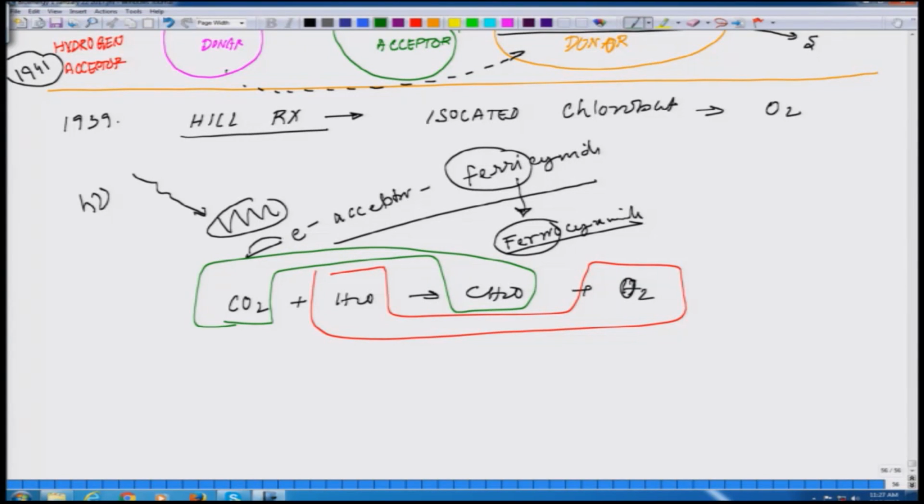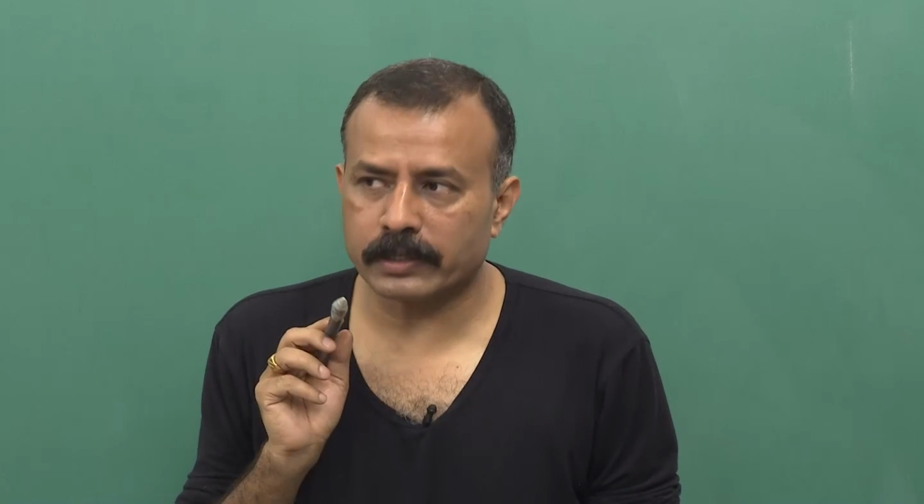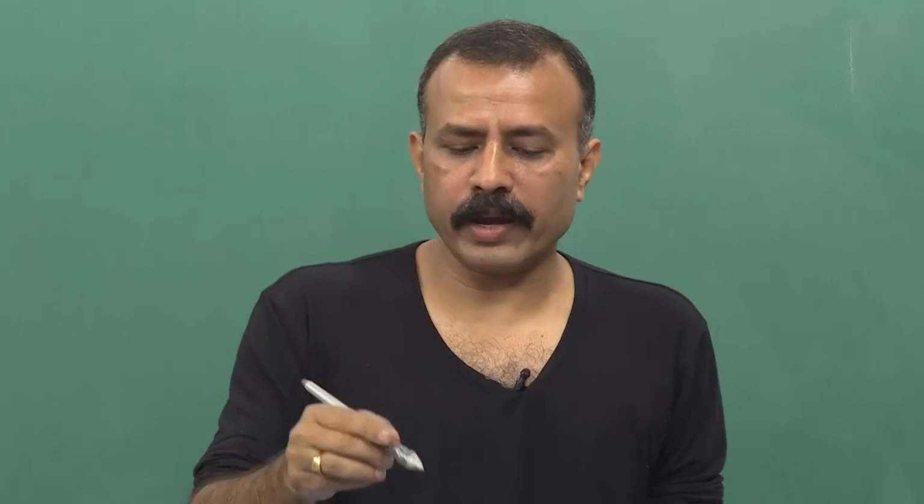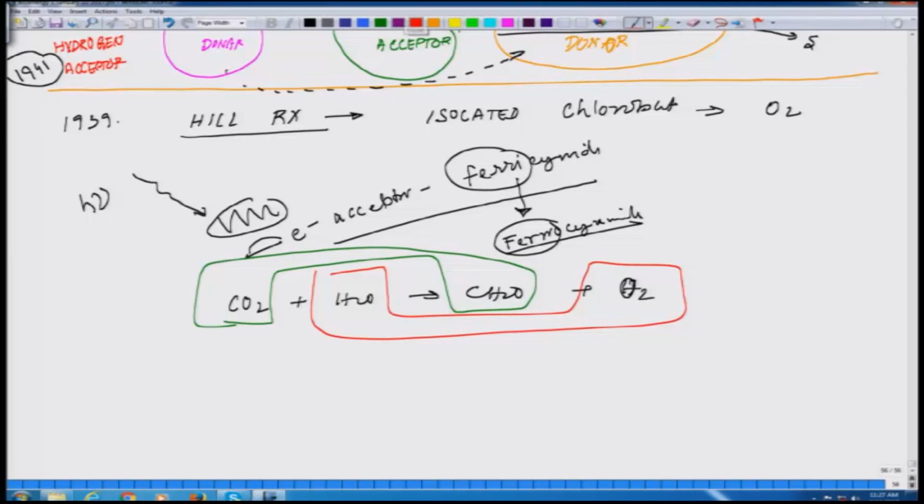This was one of the landmark things, and why it is so significant for us to understand is that this one reaction leads to the whole area of inorganic chemists who have dedicated all their life, many of them, to developing water splitting clusters.